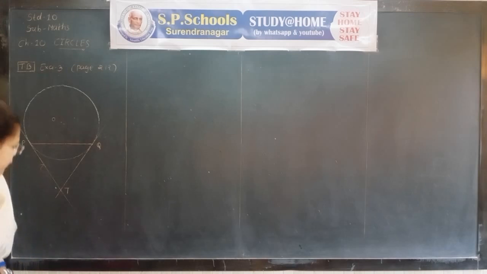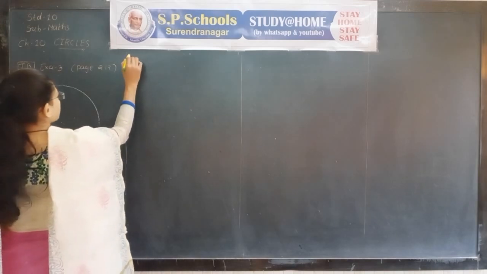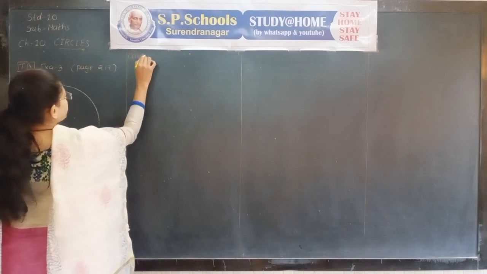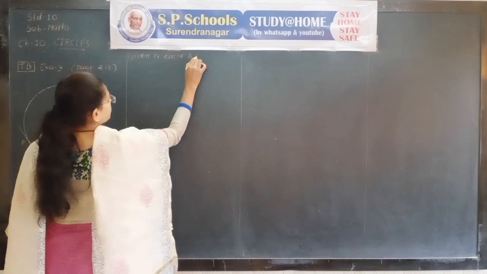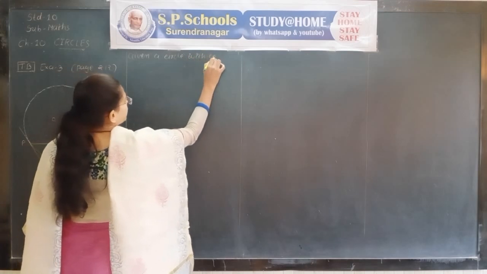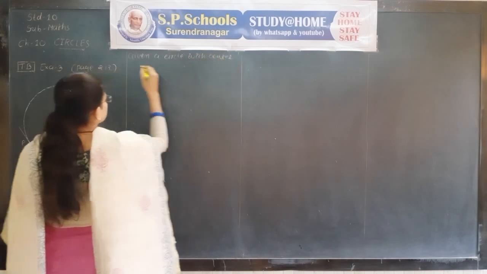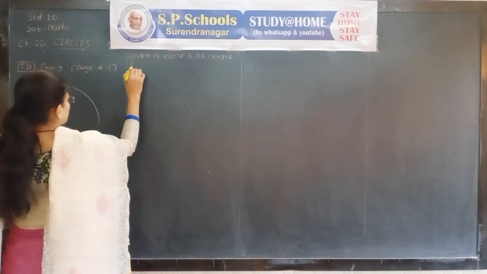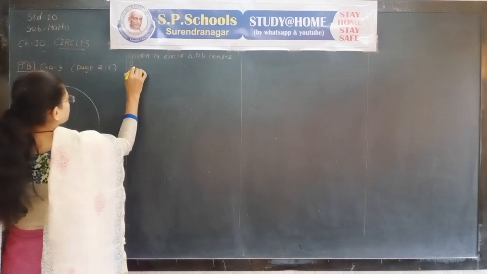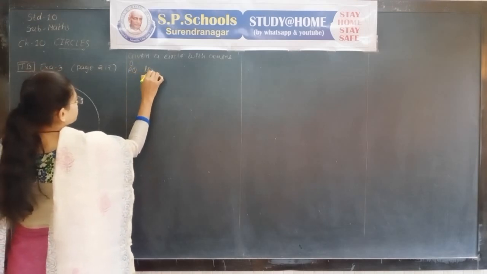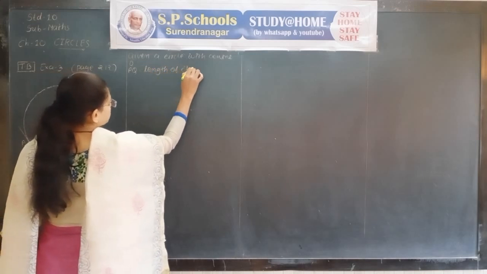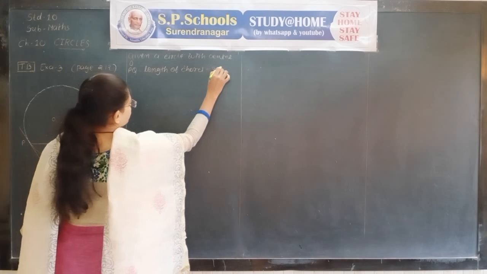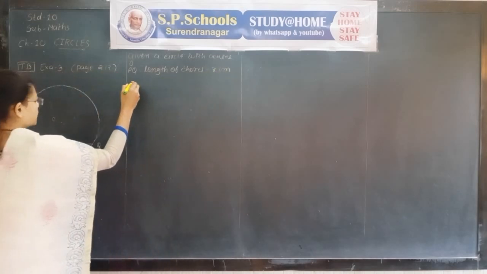Now first of all, write the given things. Given a circle with center O, PQ, the length of the chord, is equal to 8 cm.